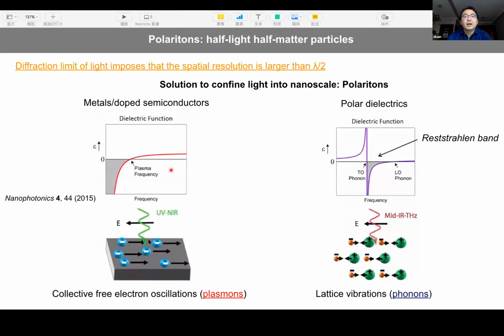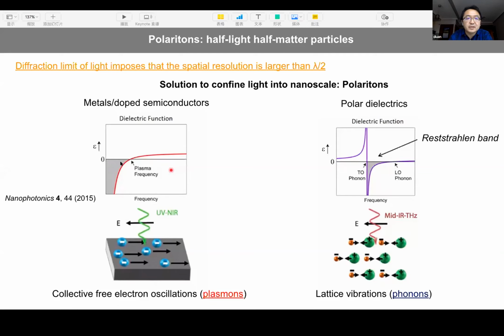First of all, let me introduce polaritons. Polaritons are a quite important concept in nano-optics because they provide a solution to confine light into nanoscale. It means that we can completely break the diffraction limit of light. A polariton is the coupling of light photons with other particles, such as free electrons in metals or doped semiconductors.